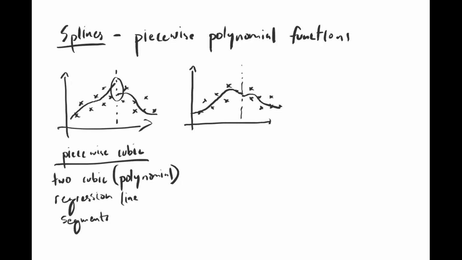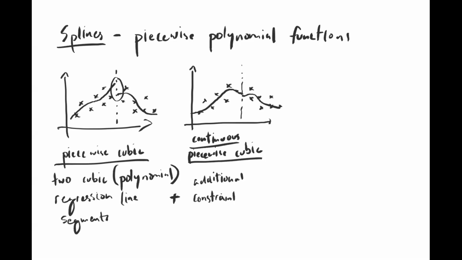And this would be known as a continuous piecewise cubic. So this is the same as before, but you have an additional constraint that lines must touch.